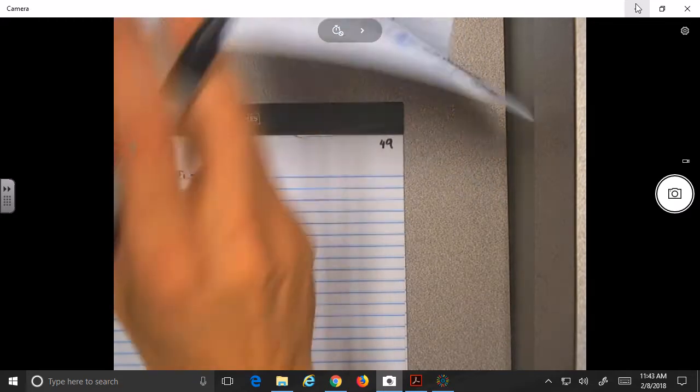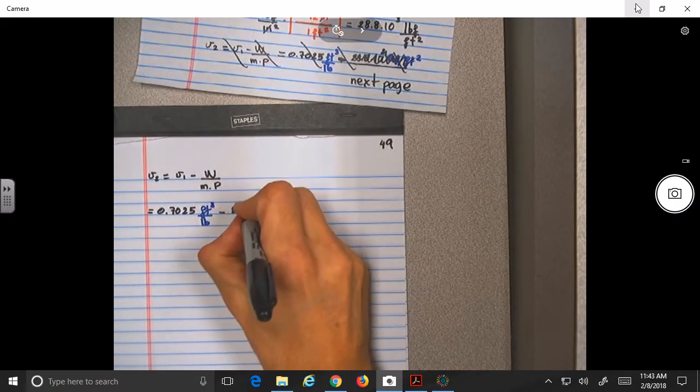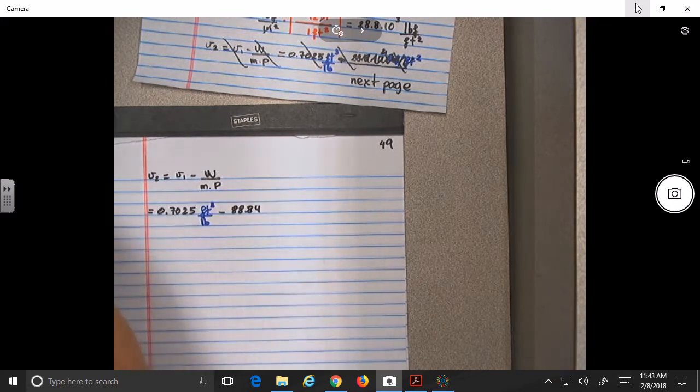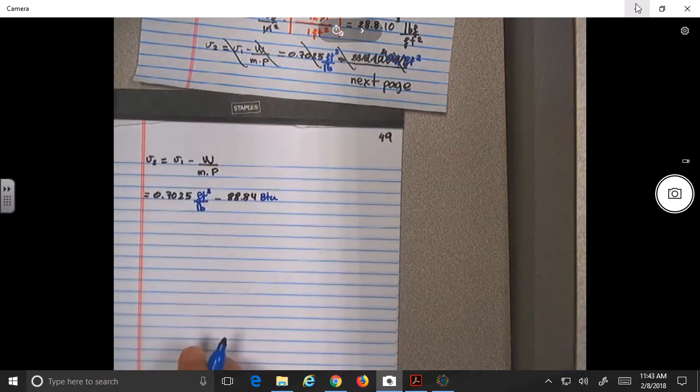Oh, we shall do that transformation. So minus 88.84 BTUs. Isn't the work negative?